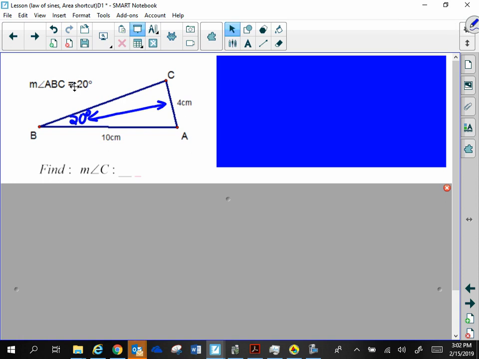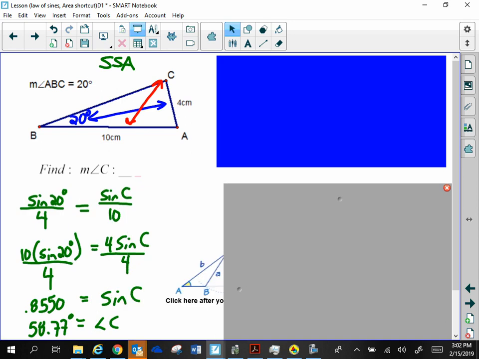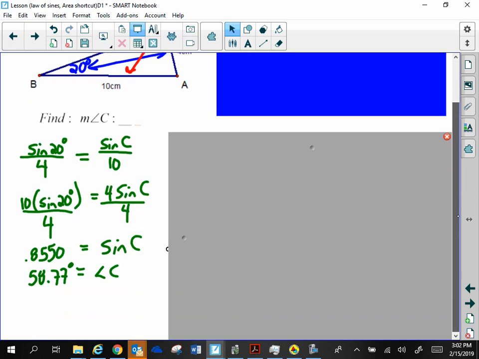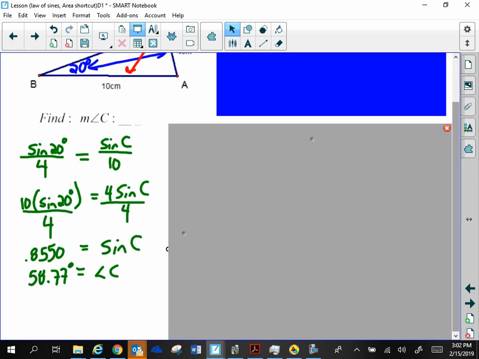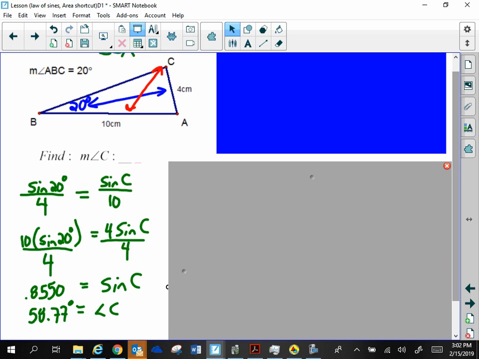If we're trying to find angle C, we can find it, because we do have a ratio here. In a triangle with side-side-angle, you can use the law of sines rule. And I have done that right here for you. I set up the law of sines: sine of 20 over 4, and then sine of angle C over 10.